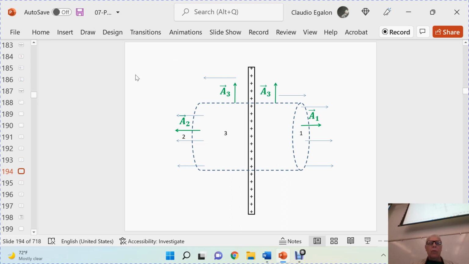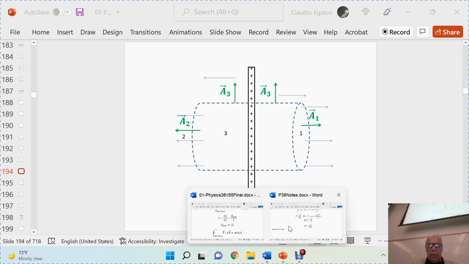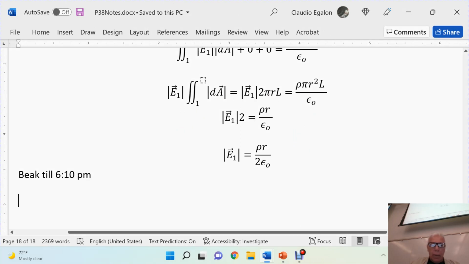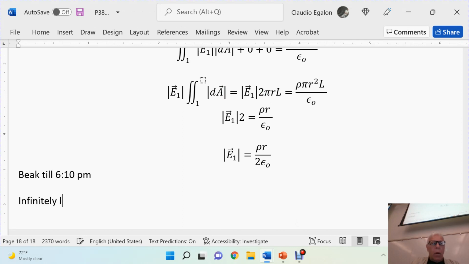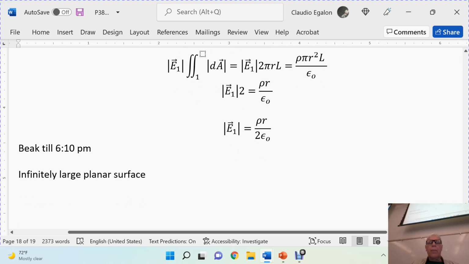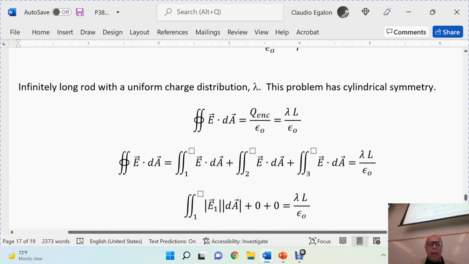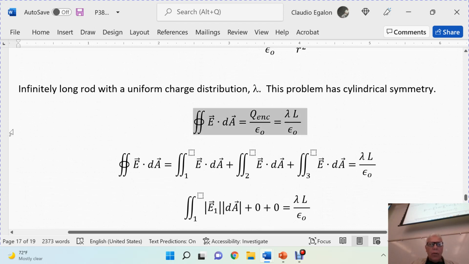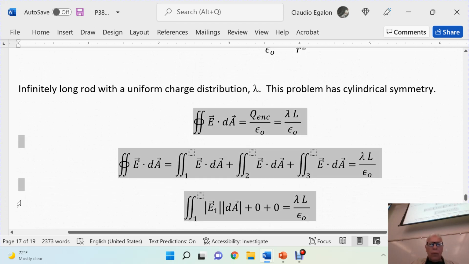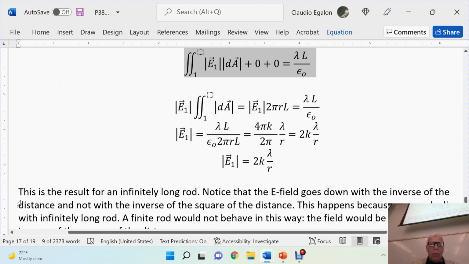So now we go ahead and do our integration. Infinitely large planar surface. Just like before, we are going to have three surfaces. Oh, don't forget uniform charge density, right?